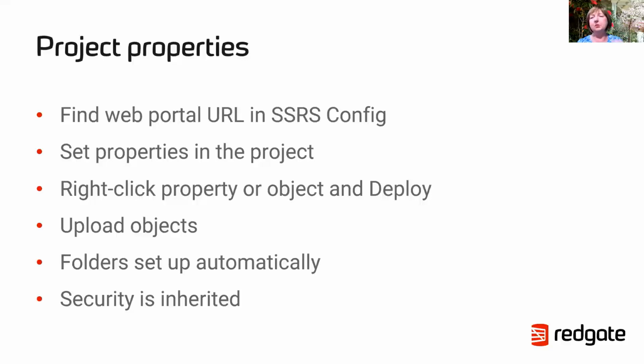You can deploy the entire project. You can deploy one object. So let's say that you have made a change to one report. You can right-click and deploy that one object.